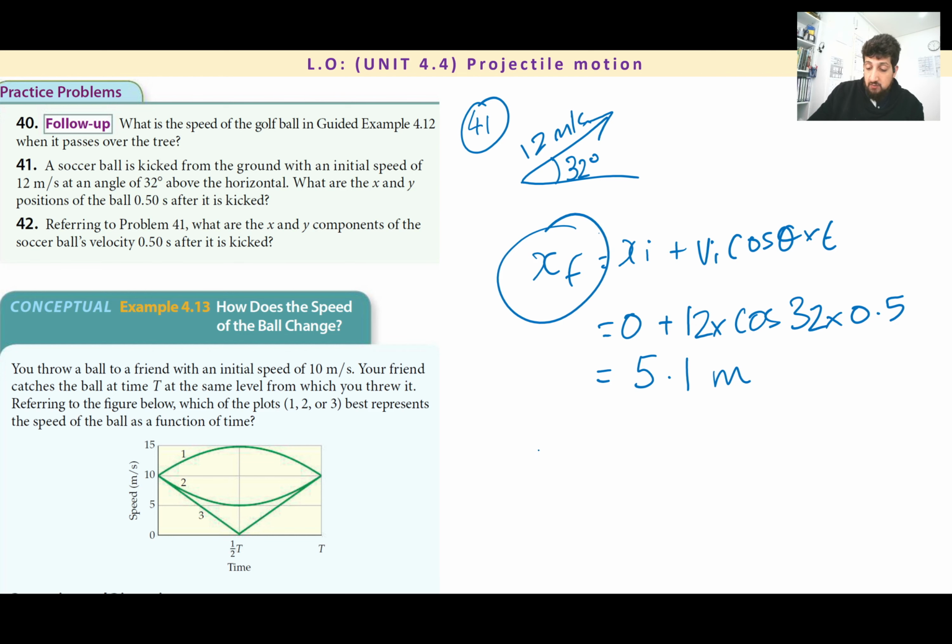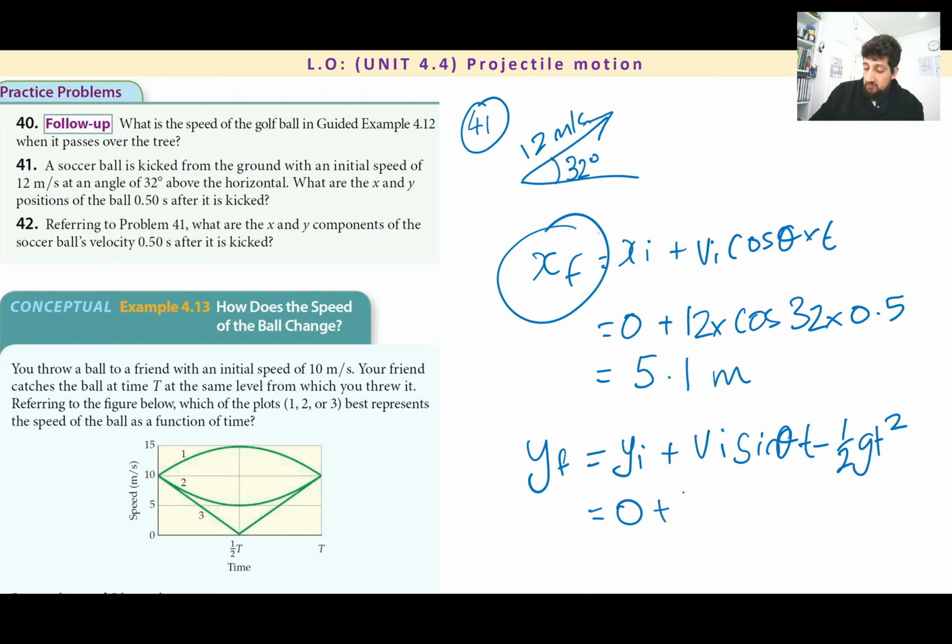The final position in the y is going to be y final. And that's going to be y initial plus Vi sine theta times t minus half gt squared.